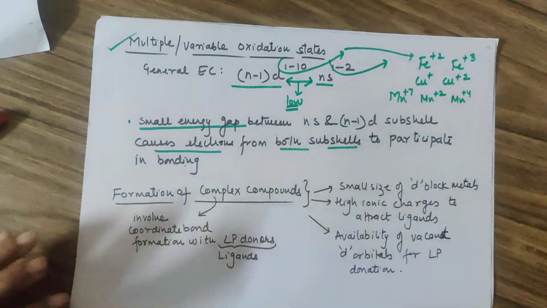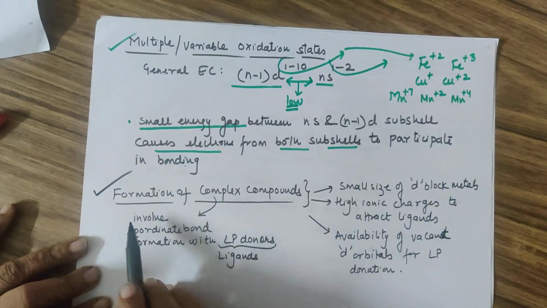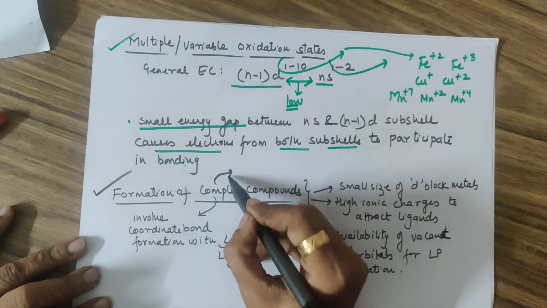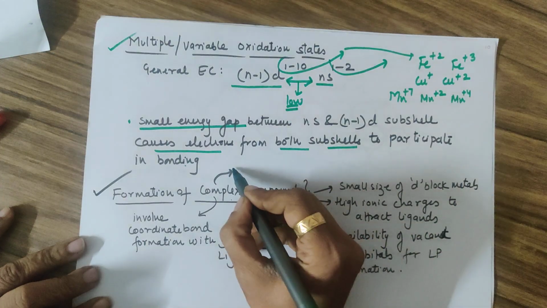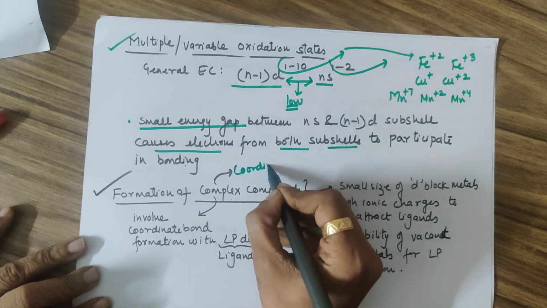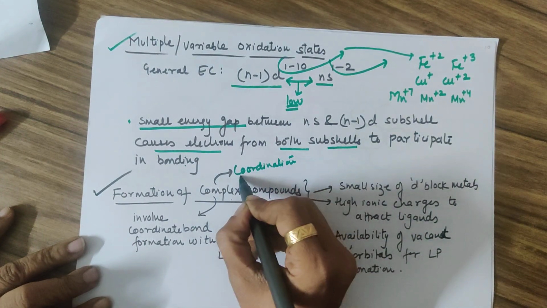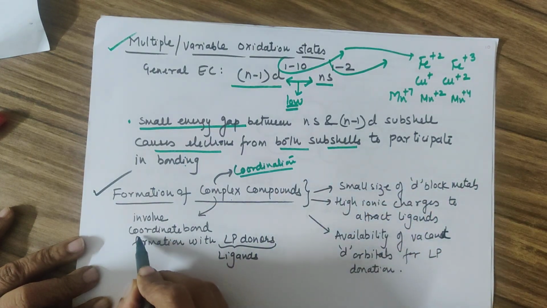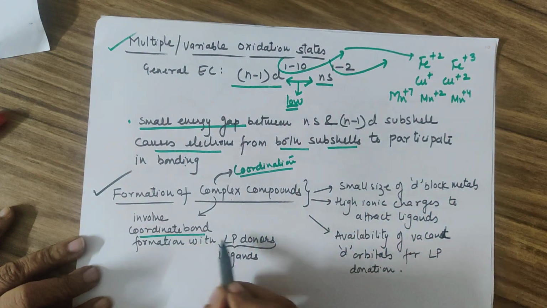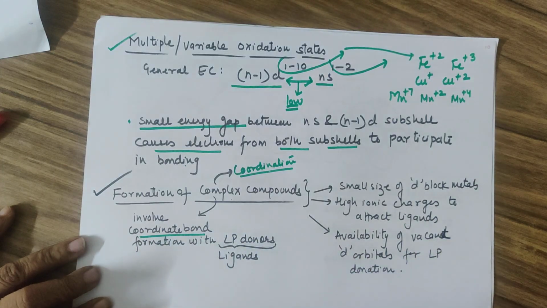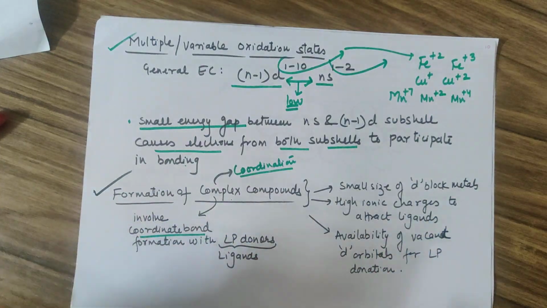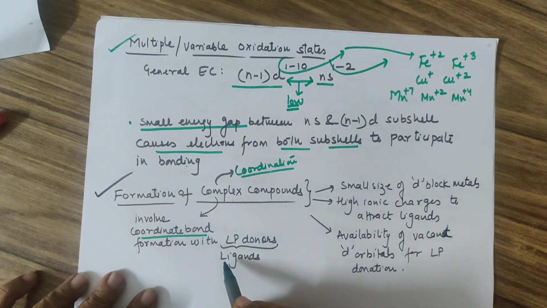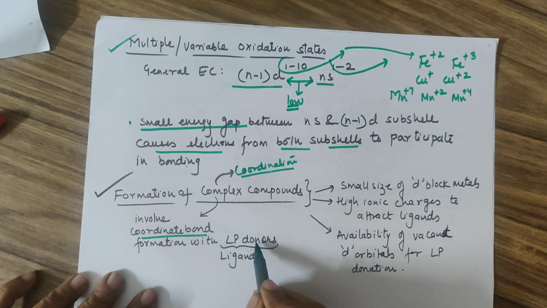Moving on to the next property of transition elements, which is formation of complex compounds. Complex compounds are the same as coordination compounds, and coordination compounds have a coordinate bond formed. As you very well know, a coordinate bond is formed when there is an electron pair donor, that is, a lone pair donor should be present.